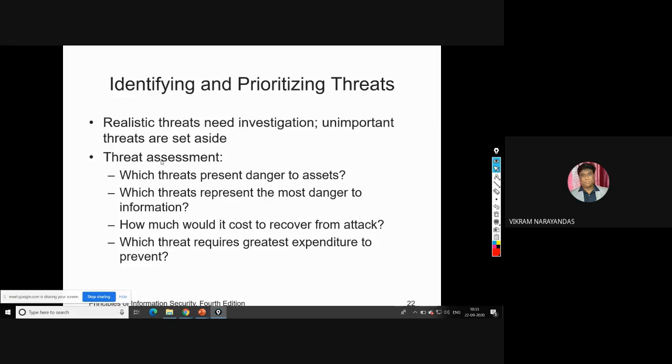So more controls, whether you can buy from the vendors or from the suppliers or a third party. So you want to find out the cost, the expenditure to prevent those types of threats here.